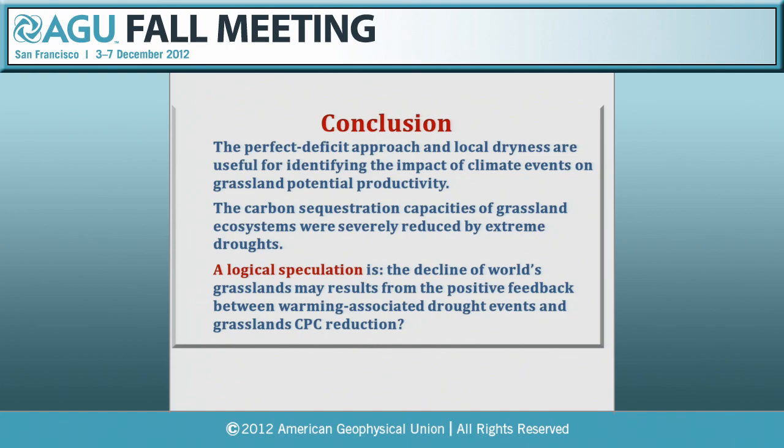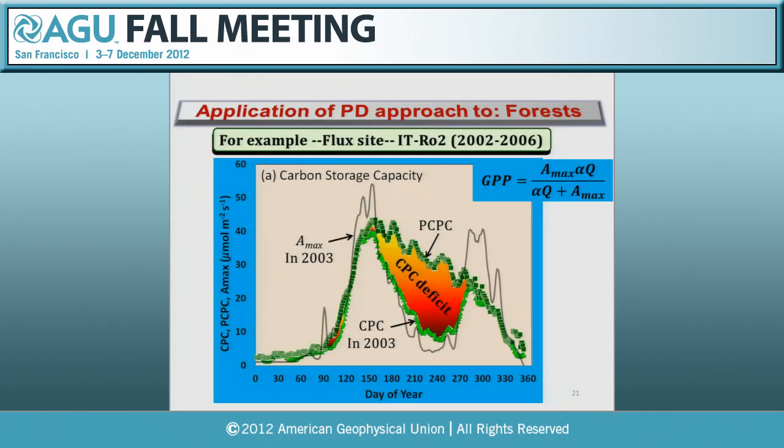You see the grassland is declining, and that may be a result of the positive feedback between warming-associated drought events and grassland CPC reduction. If CPC is reduced, that means more CO2 goes to the atmosphere, speeding up global warming. Global warming causes more extreme weather.